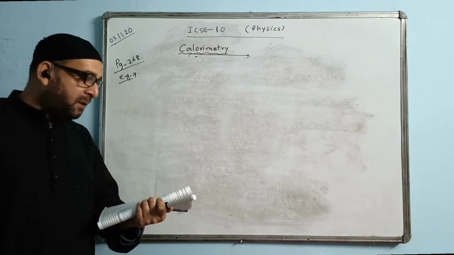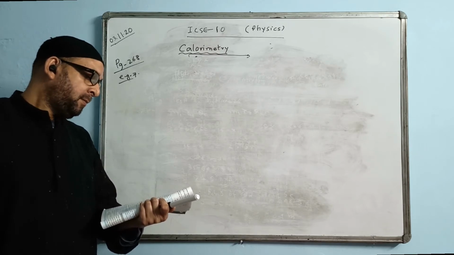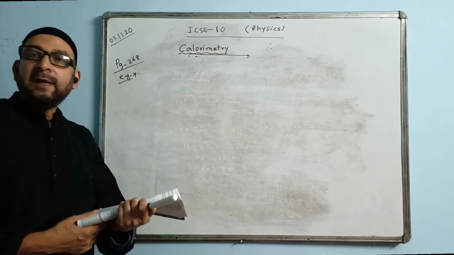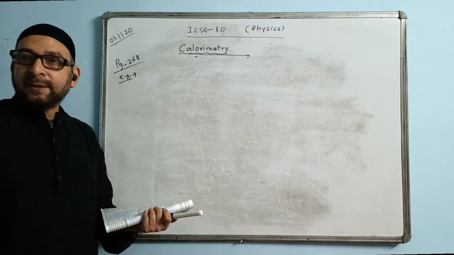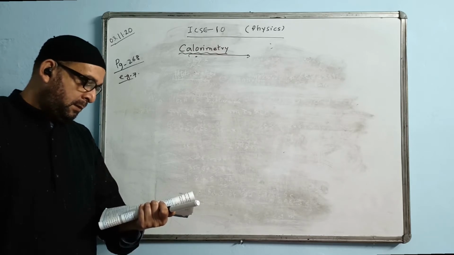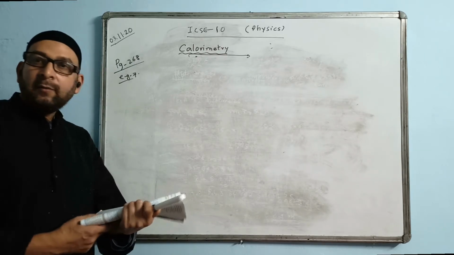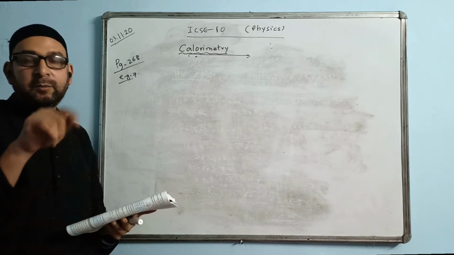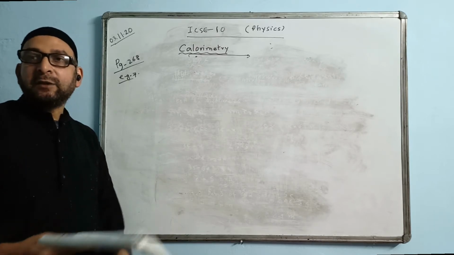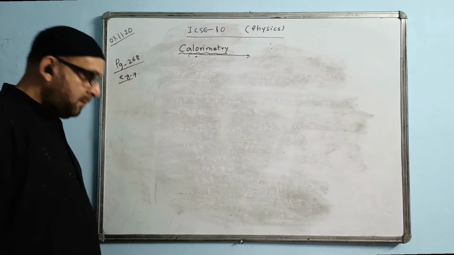The final temperature of the mixture is 30 degrees Celsius. Taking the specific heat capacity of water as 4.2 joule per gram per Kelvin, that is 4.2 J g^-1 K^-1, calculate the heat capacity of the vessel. Okay, that is the question.